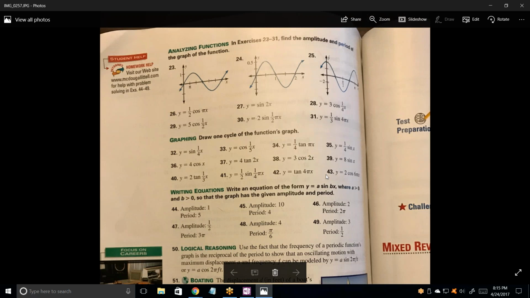23 through 33. Okay. This is a lot more complicated trig than you've ever done. I'm surprised they're doing it in Algebra 2. I am too. Your buddy is doing this exact stuff. Really? Yeah, he's in Algebra 3 Trig, I think.